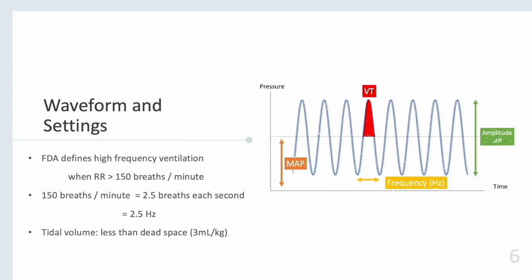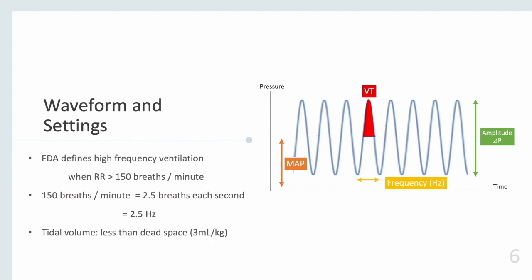Let's talk a little more about the HFO waveform. HFO is defined by the US FDA as a breathing frequency of 150 breaths or more per minute. 150 times per minute is 2.5 times per second, or 2.5 Hertz.